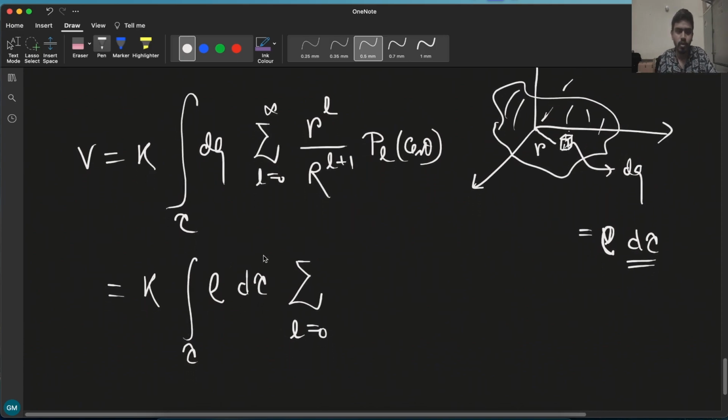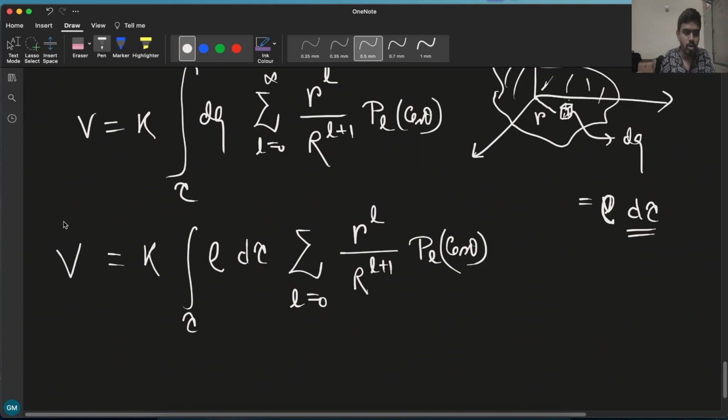This is a volume integral, which means it's a triple integral, of r to the power L over R to the power L plus 1, times P_L cos theta.